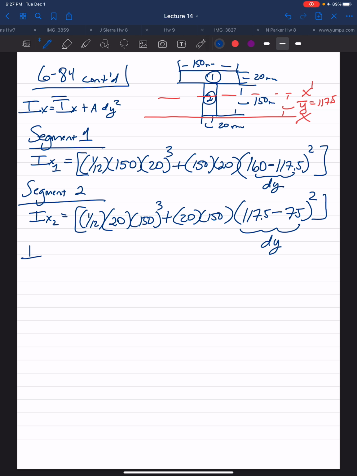So then adding these two together, so you'll see I sub x1 plus I sub x2 for a total moment of inertia about the x-axis.